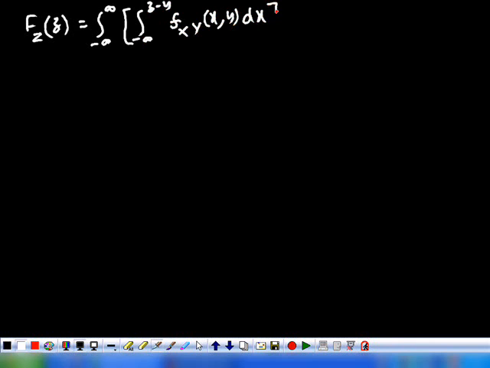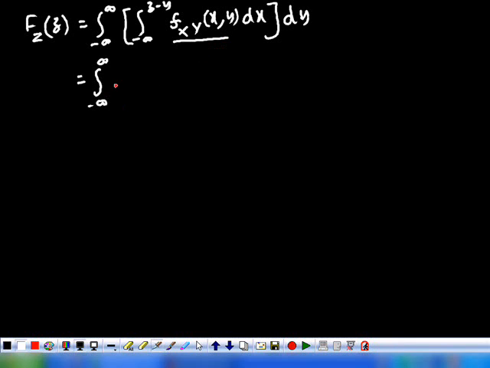So here I am separating the two integrals. Then the inner integral, you see, we are integrating with respect to x only. The integrand is the joint density function. If you integrate the joint density function with respect to one variable, either x or y, what will you get? We will get the marginal density.